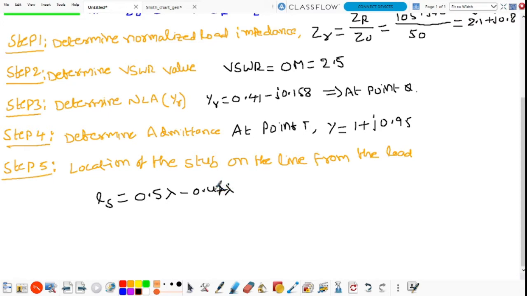That point Q dash is below the horizontal axis, so it is considered a negative sign, minus 0.47 lambda plus 0.16 lambda. So therefore LS is equal to 0.19 lambda.